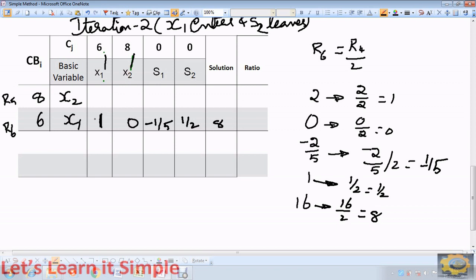Next, since this is the pivot element, now this should be made as 0. So how can that be done?